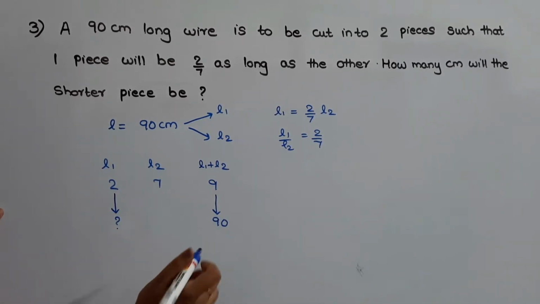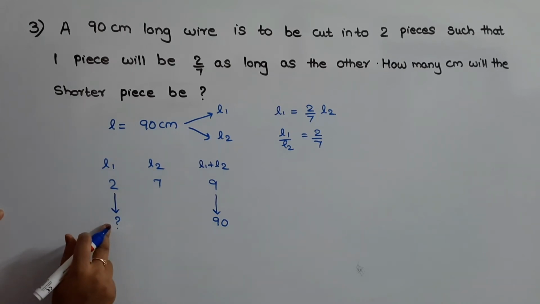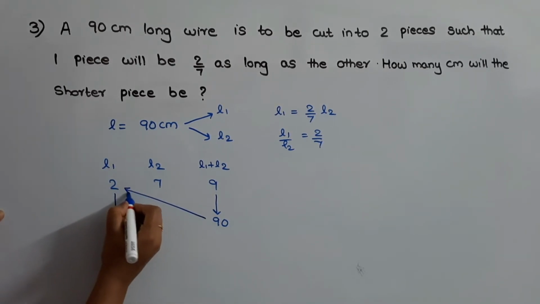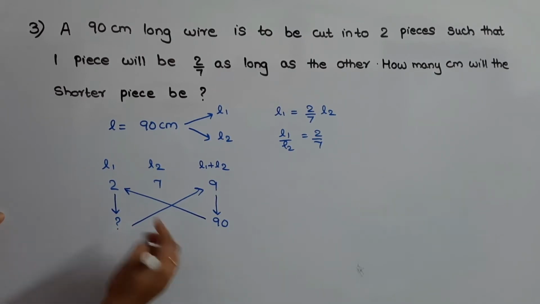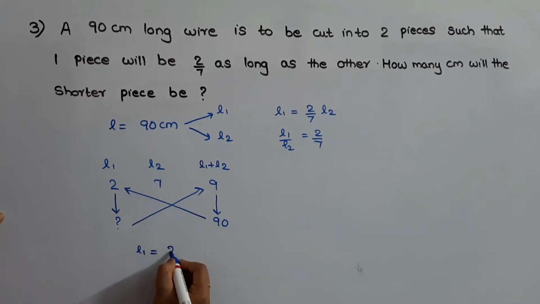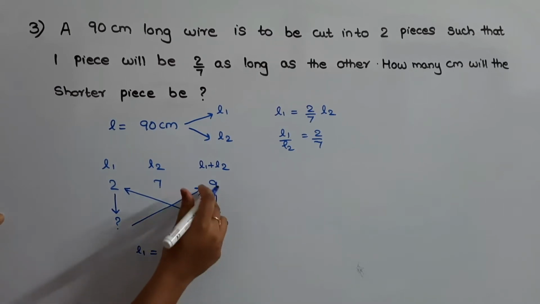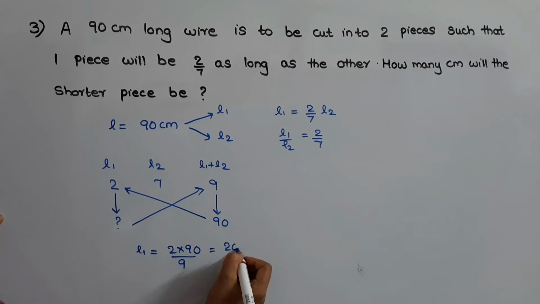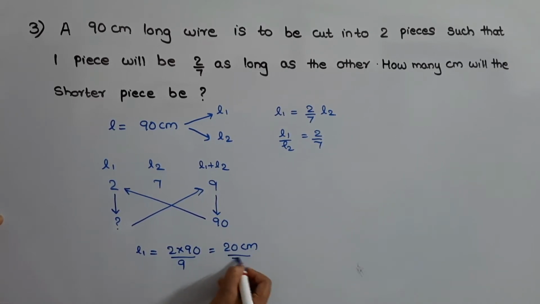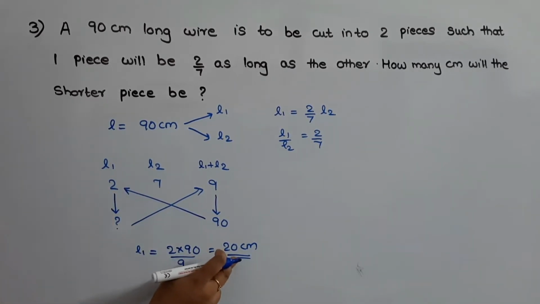So whenever direct proportionality comes, we can find out this value by cross multiplying. So this length, or L1, will be equal to 2 into 90 divided by 9. This will be equal to 20 centimeter. So the length of the shorter piece will be equal to 20 centimeter.